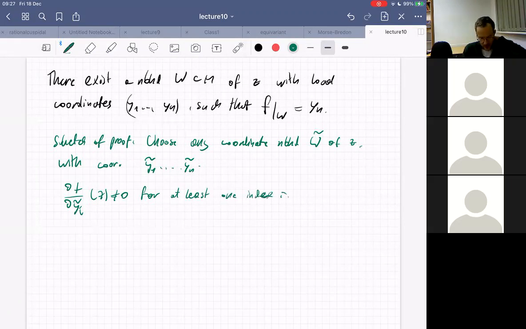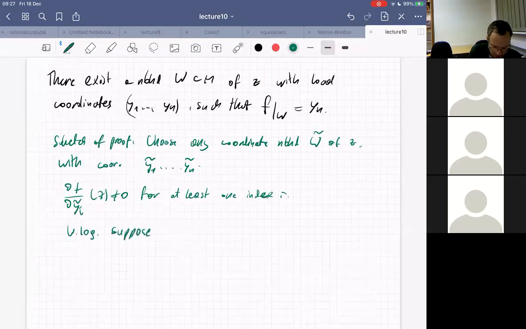Otherwise, if this is not the case, we know that z is a critical point of f. But since z is not a critical point of f, at least one of the derivatives is non-zero.